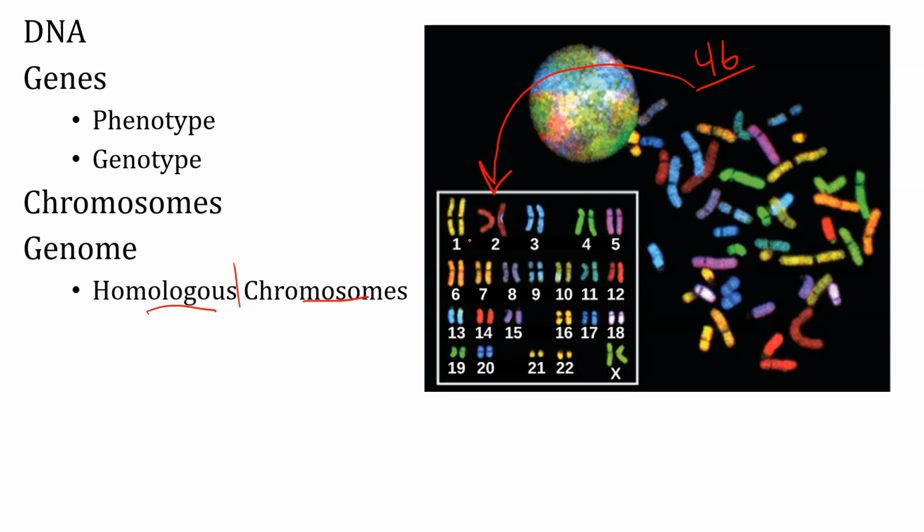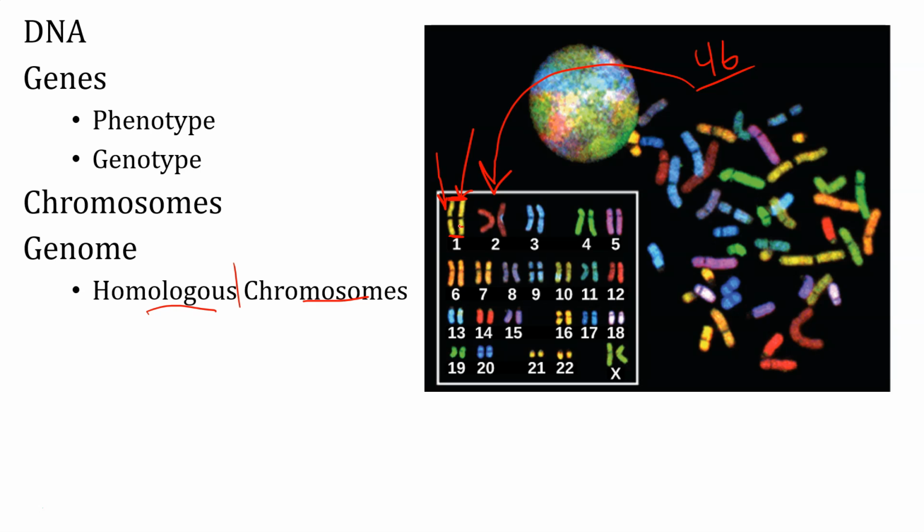So the homologous chromosomes will be the chromosomes that are the same size and bear the same traits on them. So for example, your mom may have given you this particular chromosome and your dad given you this particular chromosome, but they are the same length and they have the same traits on them. Like maybe this one bears the information that colors hair blonde, and this one bears information that colors hair brown.